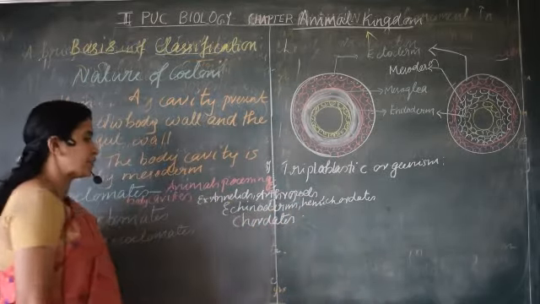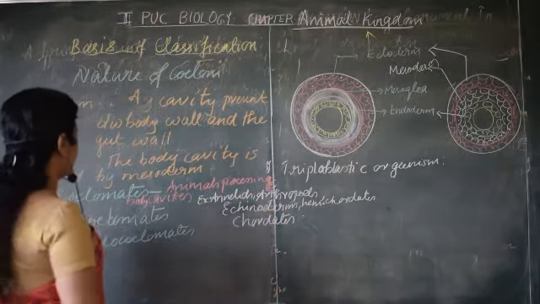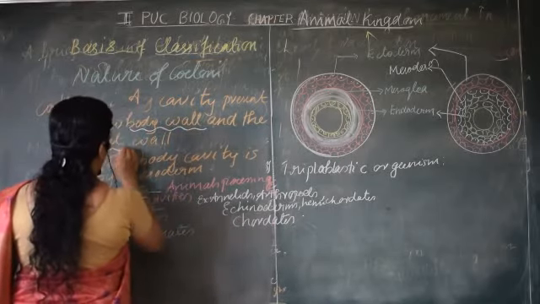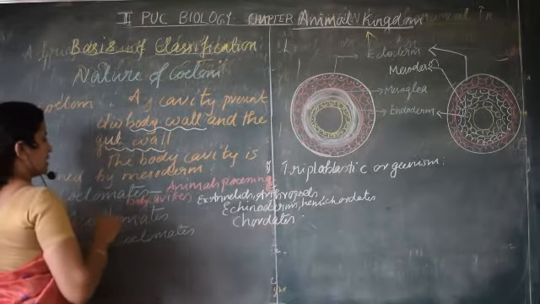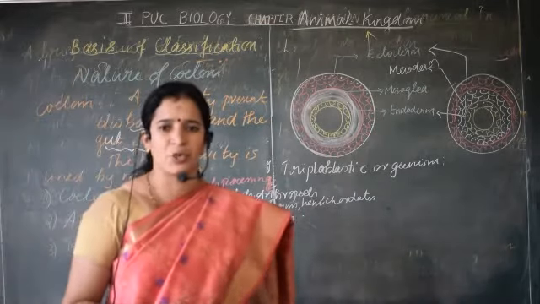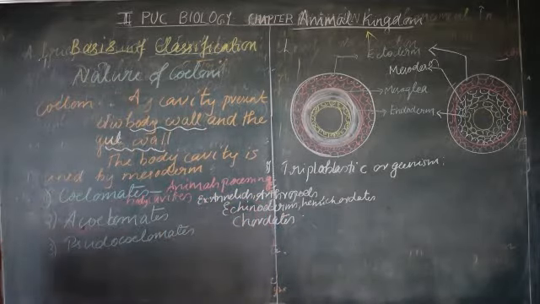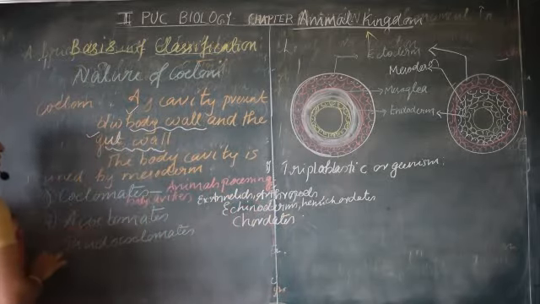If the body cavity is present between the body wall and the gut wall, gut wall meaning the alimentary canal, all those regions which consist of the alimentary canal are the gut regions, then it is called coelom.